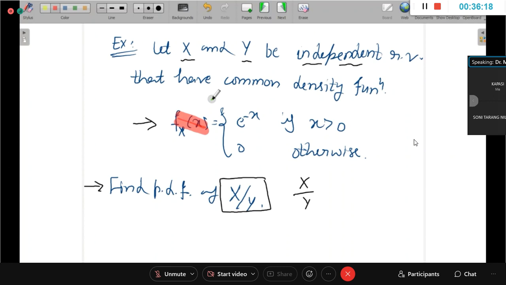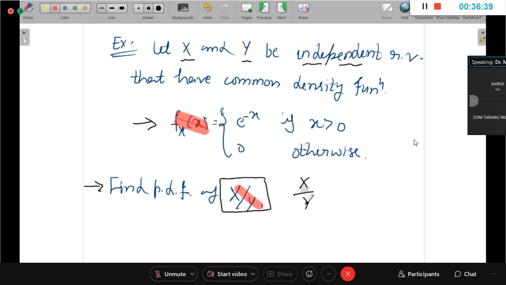Since it's a continuous case, we will first look at the CDF of this x by y, and then we will take its derivative and we will have the PDF for this random variable.